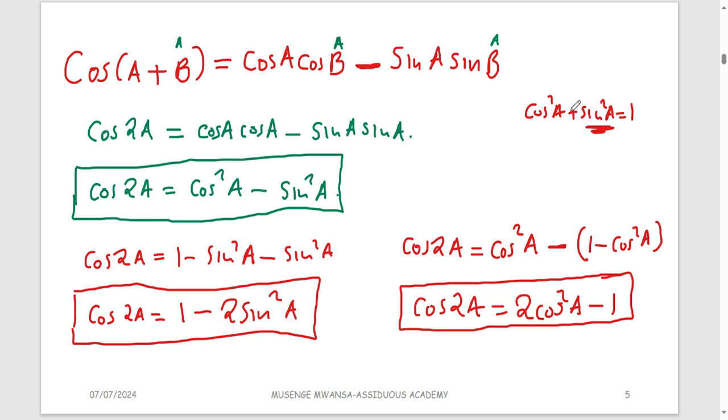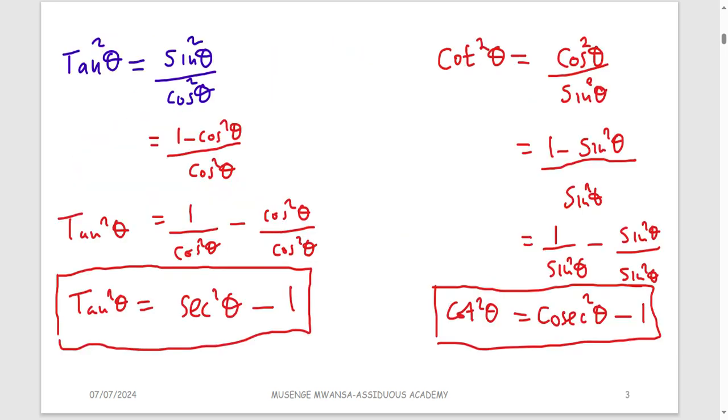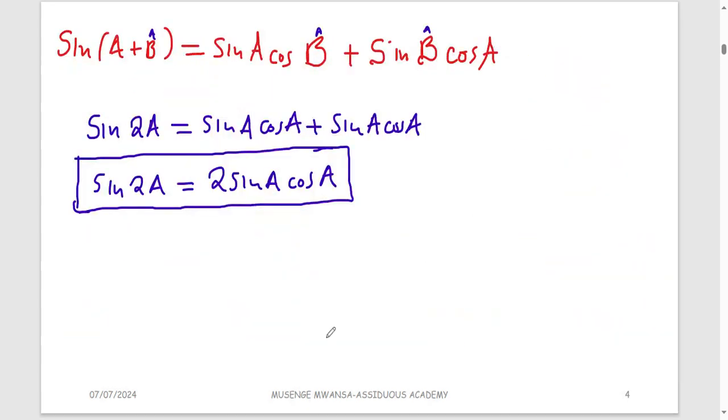You don't need a book for you to remember. So please know this by heart. It will save you a lot more than you trying to master the final equation. Now that you know these, these are called double angles.